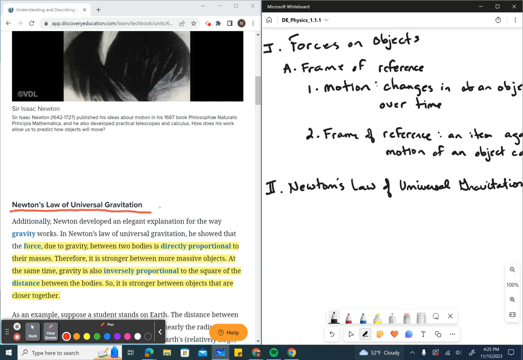Basically, this is an explanation, as you can see in your text, for the way gravity works.